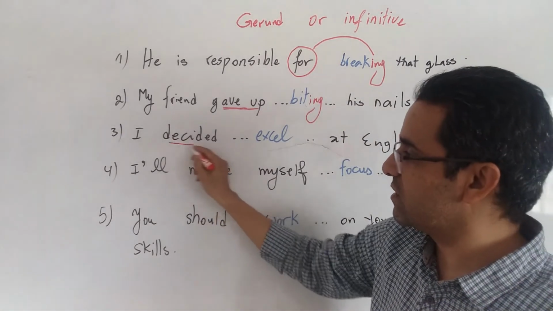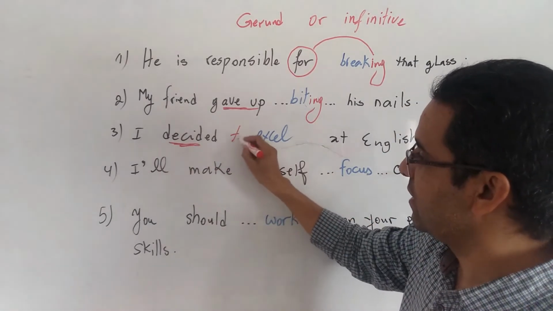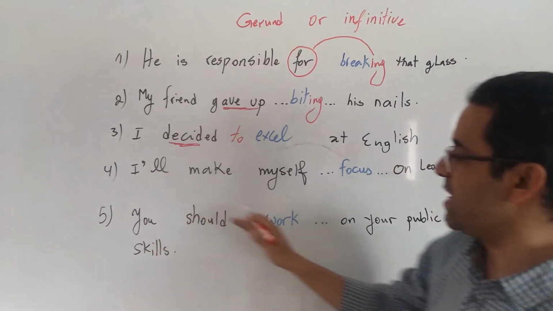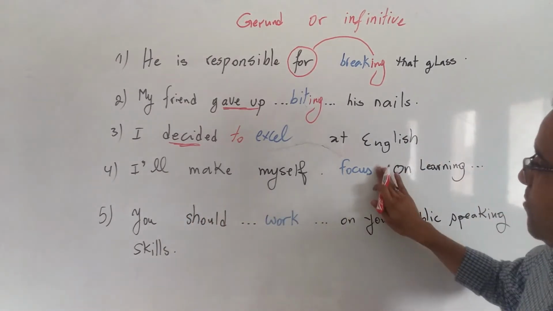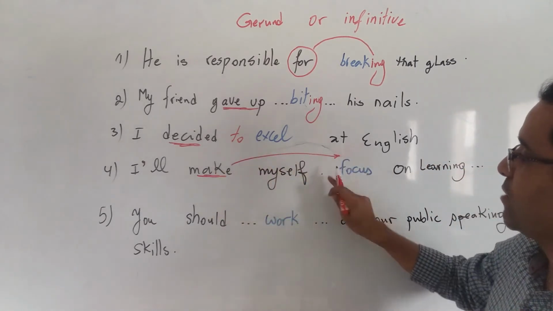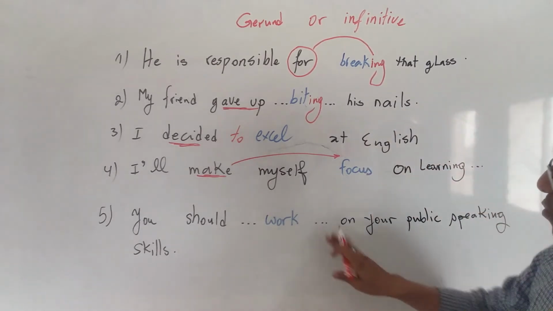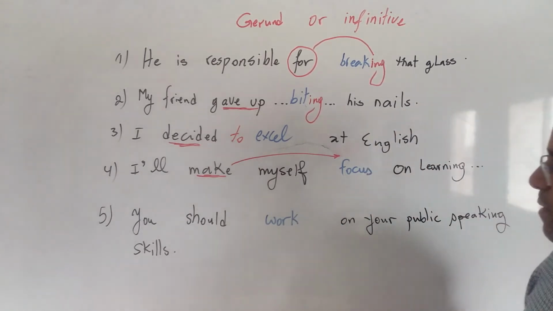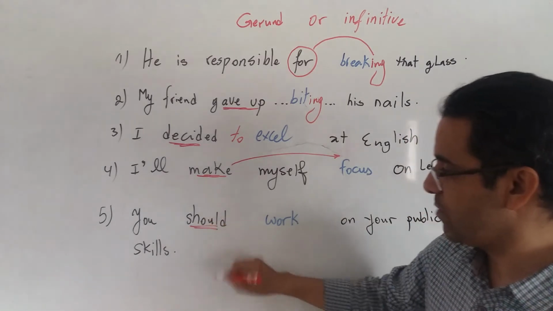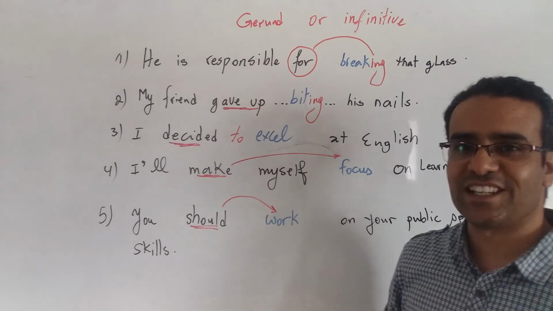I decided, it is followed by infinitive. I decided to excel. I make myself, and we have the verb focus, so the verb make is followed by bare infinitive, so we're not going to change this. You should, and the verb is work on your public speaking skills. Now because we have a modal verb, we're not going to change the verb, it should be bare infinitive.